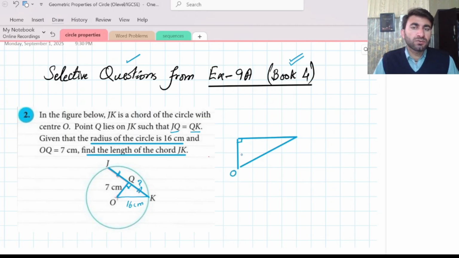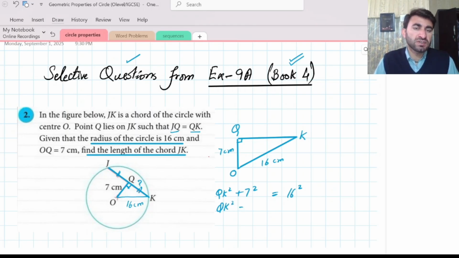Here is point O, here is point Q, and here is point K. We know OK is equal to 16 centimeters. OQ is 7 centimeters. So using the Pythagorean identity, it becomes QK squared plus 7 squared equals 16 squared. Because we have to figure out the value of QK, we move 7 squared to the right hand side.